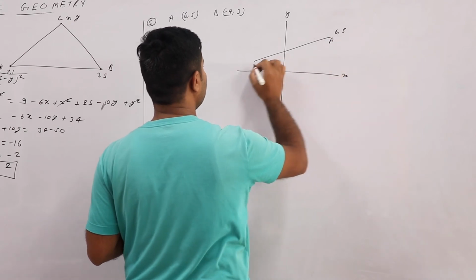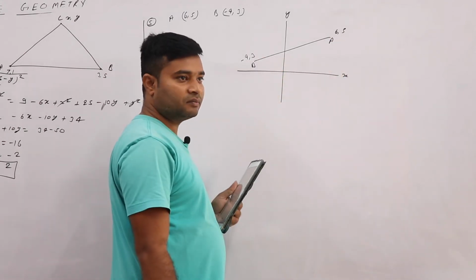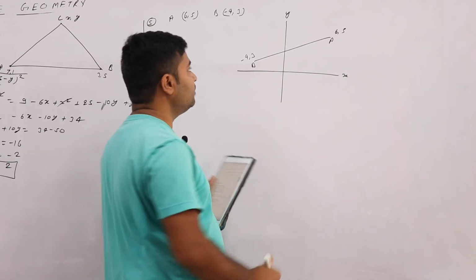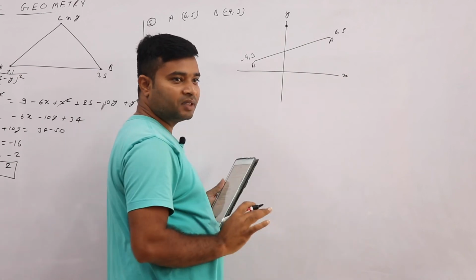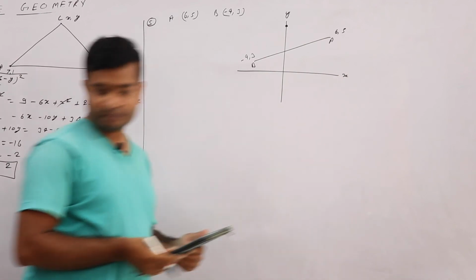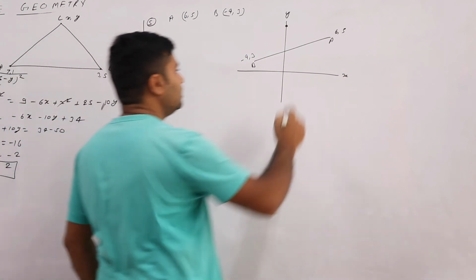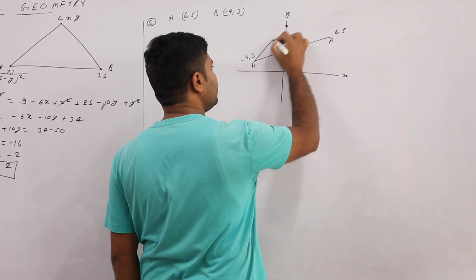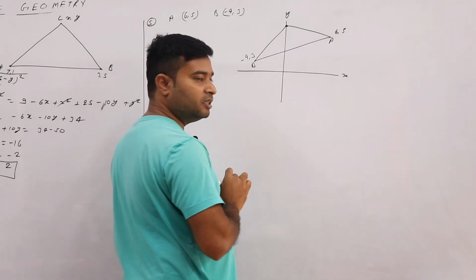This is A and B is minus 4, 3. Correct? Acha, it says we should find the point on the y-axis, somewhere on the y-axis, and that is equidistant also. Then if you join from here to here and here to here, this both will be the same.